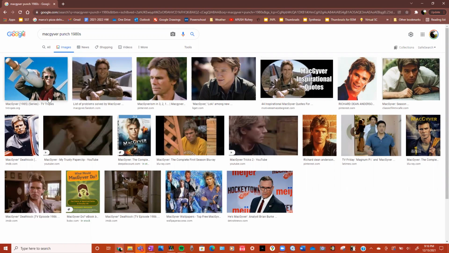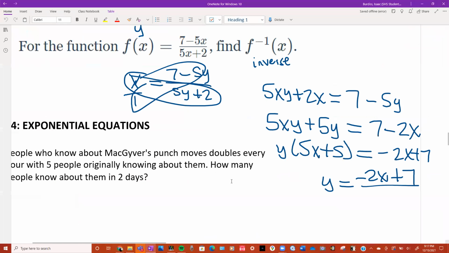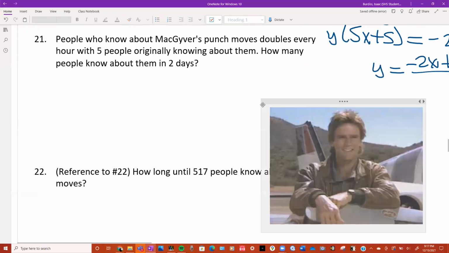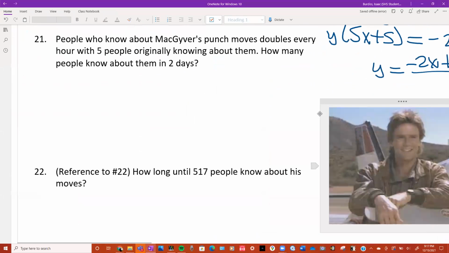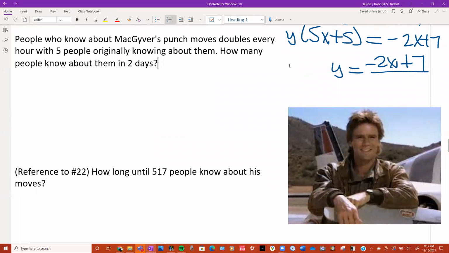Well, apparently it's not a picture of him punching, so I'll just do this. Okay. As you can see, it still hasn't loaded even after I put a picture in there. I put that in there for the next thing. So annoying.